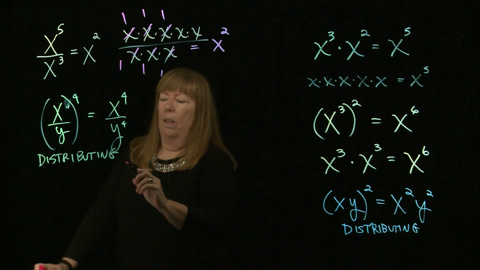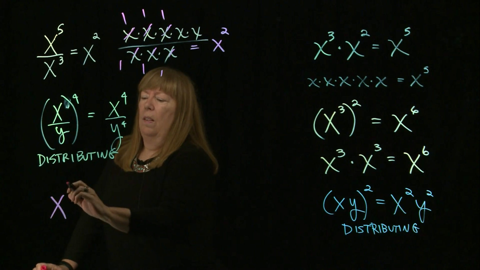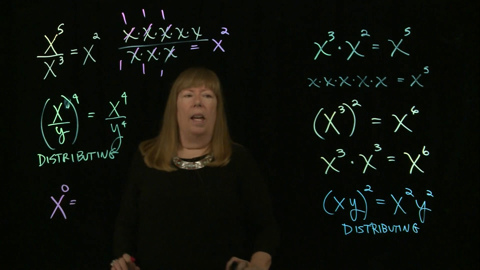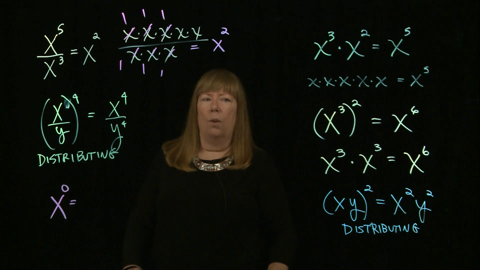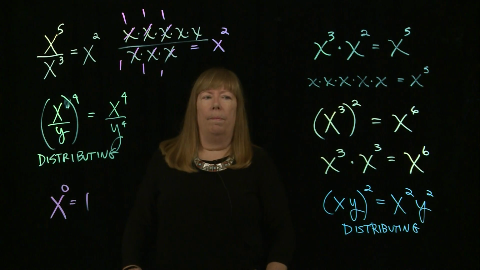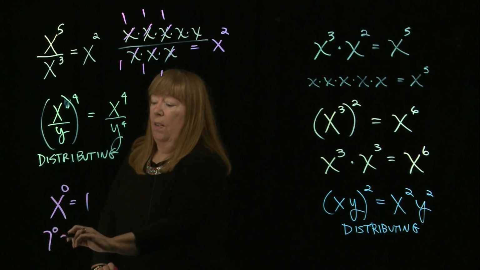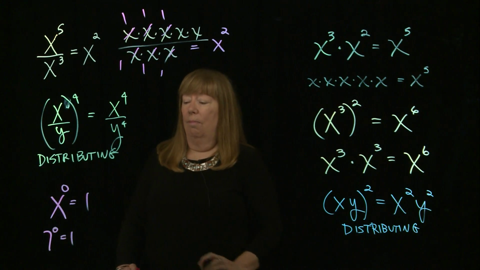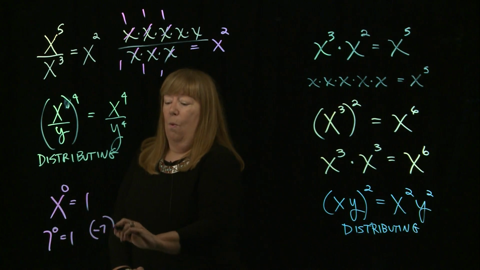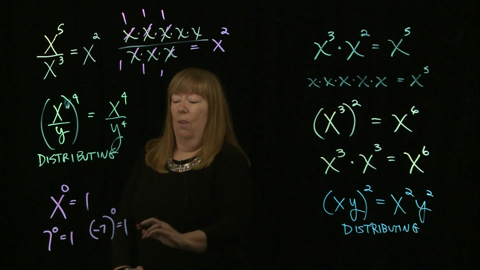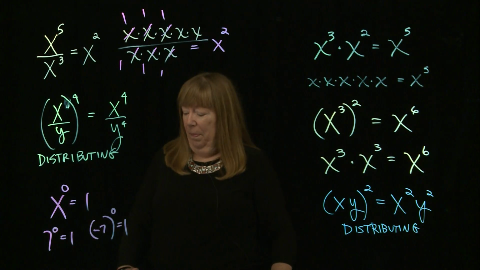This one is called the zero exponent rule, and it says anything raised to the 0 power is 1. So x to the 0 is 1, 7 to the 0 is 1, the quantity negative 7 to the 0 is 1.